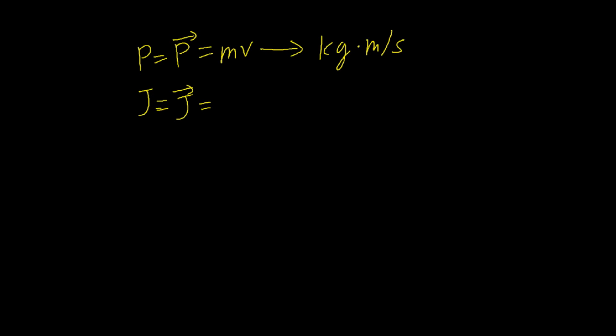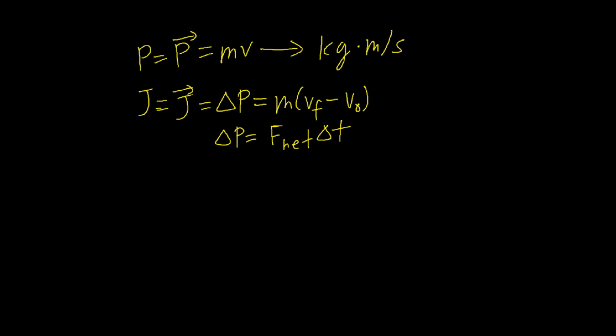Now this is equal to delta P, and delta P, that is change in momentum, so that should be equal to mass times the difference between the final velocity and the initial velocity. Now delta P is also equal to the net force times delta T. Okay, so we will use these formulas for momentum and for the impulse.